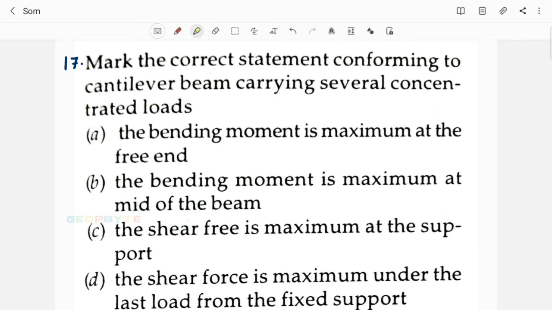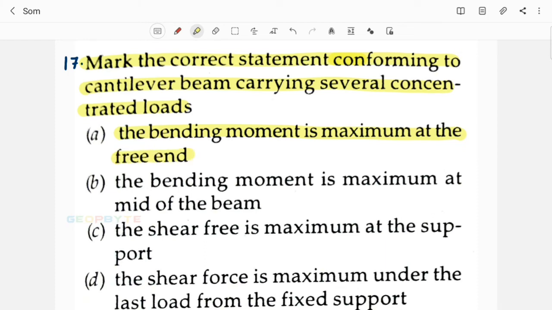Read the problem. Mark the correct statement conforming to cantilever beam carrying several concentrated loads. Option A, the bending moment is maximum at the free end.